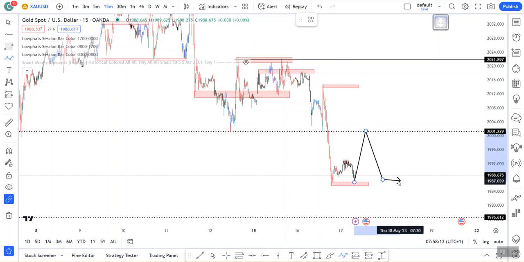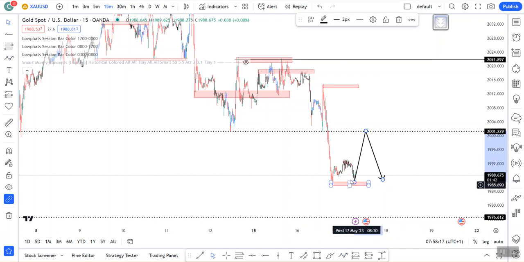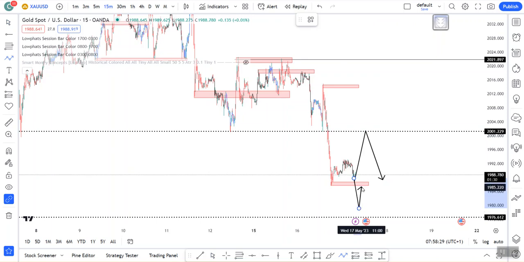Or, if there is a break below this zone, I will take a break and retest. When there is a break, I'll wait for the market to come back to this zone and then take it down. So that is basically the two trades I will be looking to trade.